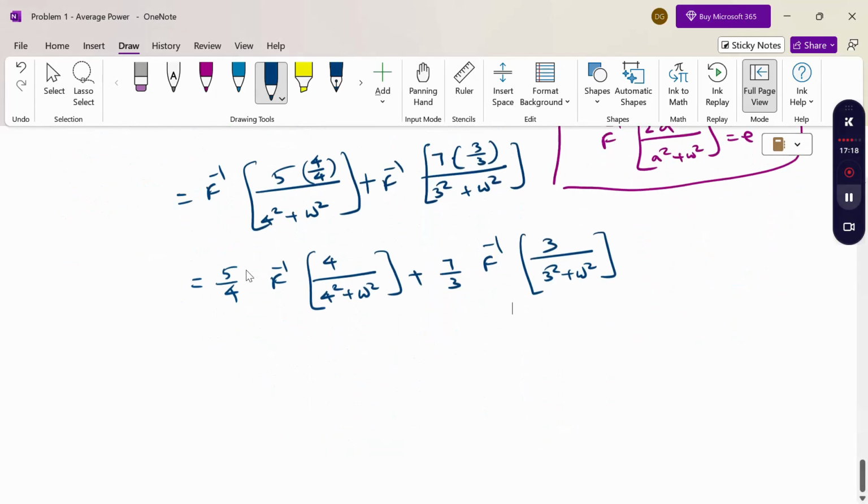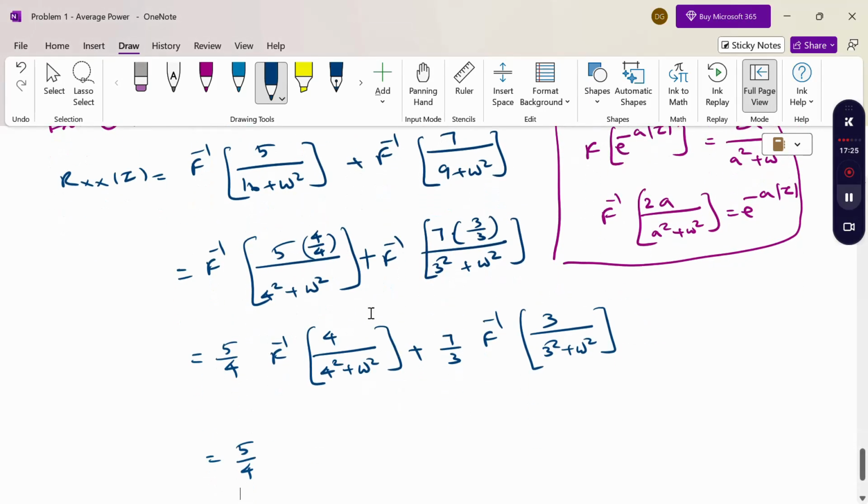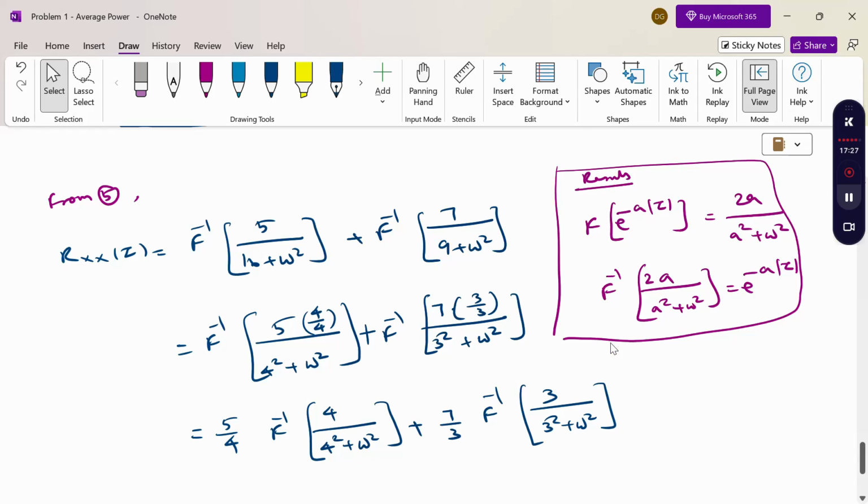Now use the result. The result is nothing but 5 by 4, this is the term a, 2 times of. So actually I missed this: 2 times means multiply 8 by 8 here and here. So 4 into 2 is 8, and 3 into 2 is 6.